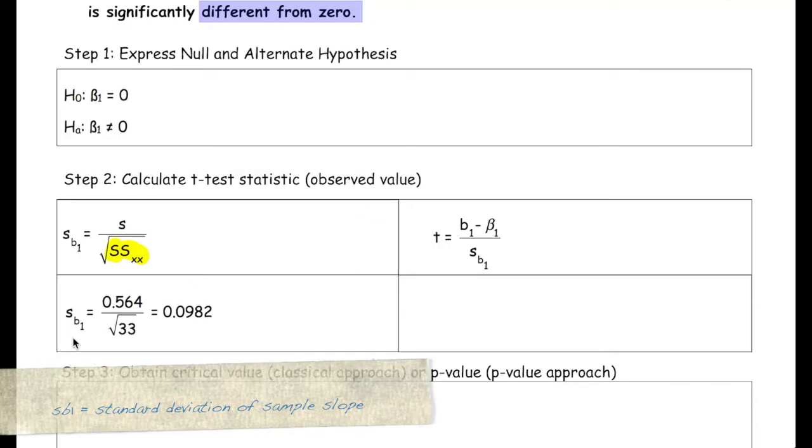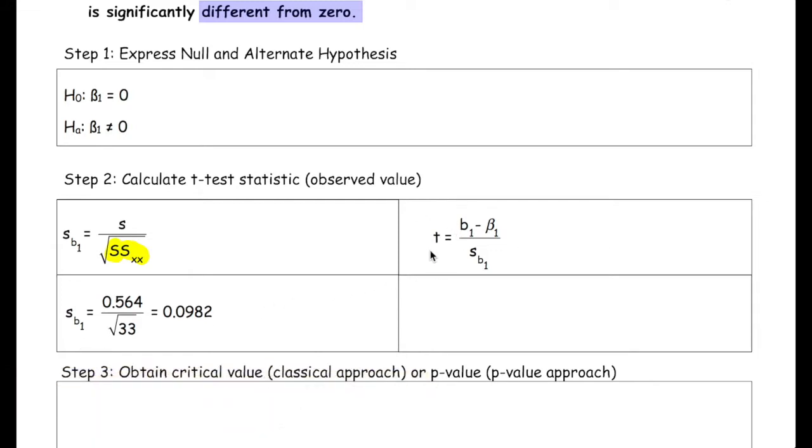Once we've found SB1, we can find our t observed. In the equation for t observed, we need to know B1, which was our sample slope coefficient. We found that in part A. We found SB1 by applying this equation. And the value for big B1 is whatever is in your hypotheses. In this course, this guy is always going to be a 0.